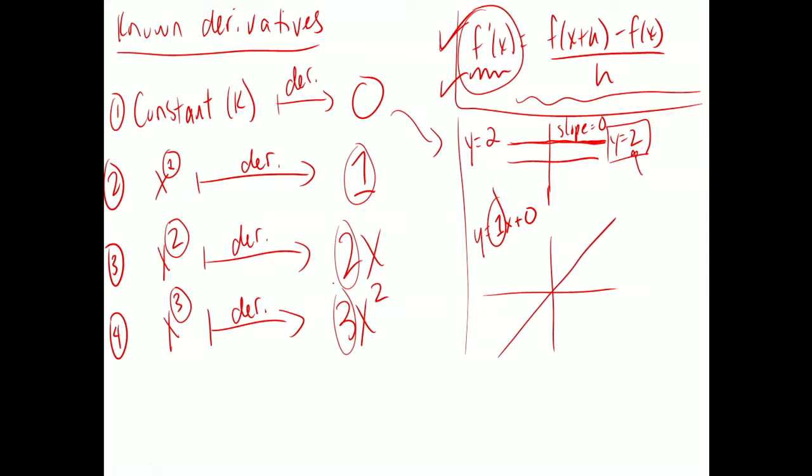That'd be a pretty striking coincidence if it wasn't actually always the case. And it is. So if I want to do x to some power, what's my general rule? What if you just have x to any power, let's call it n, where n is just any number, and you wanted to do the derivative?